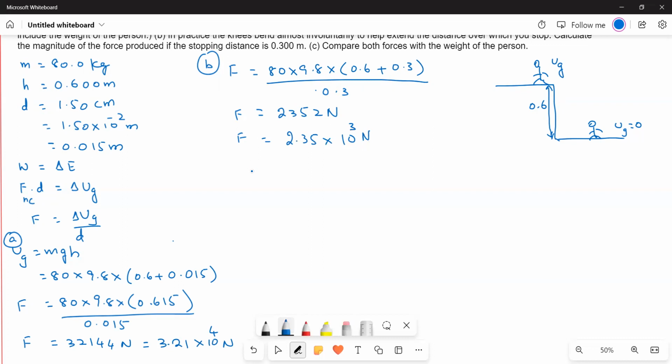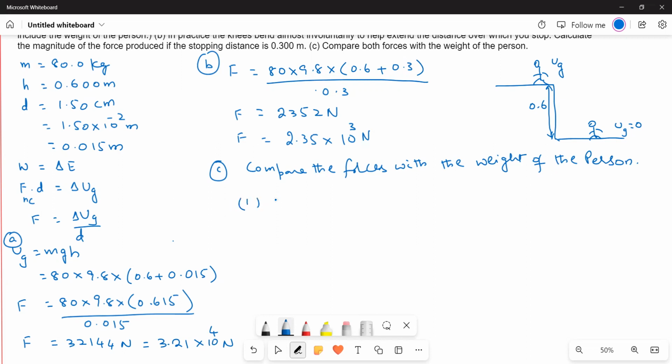Okay, now the third bit is to compare the forces with the weight of the person. This is simple. Comparing means you have to divide.